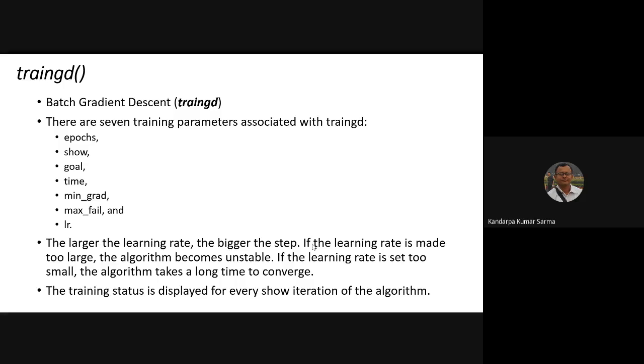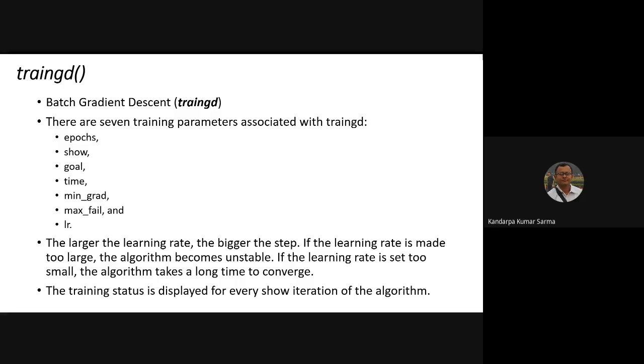Here in this train GD, there are several parameters that we need to deal with. These are the epochs, show, goal, time, minimum gradient, maximum fail limit, and the learning rate. The learning rate parameter is a very significant one.